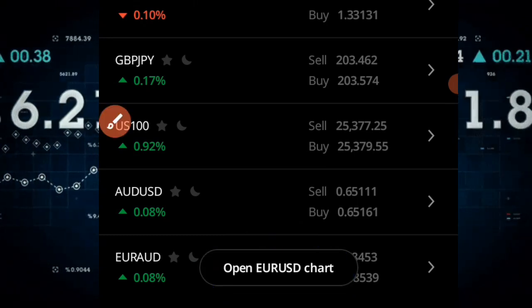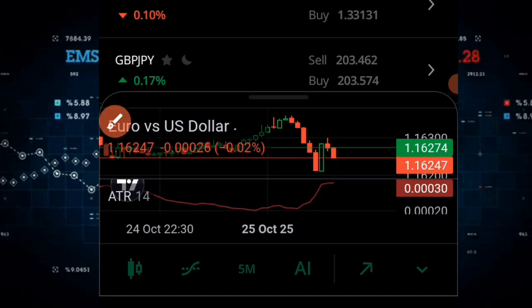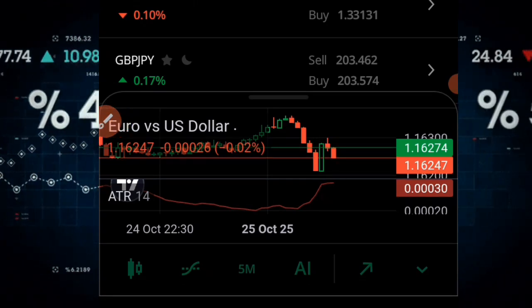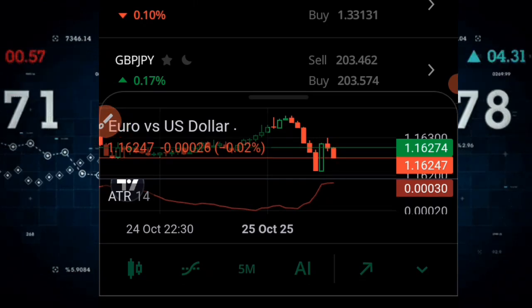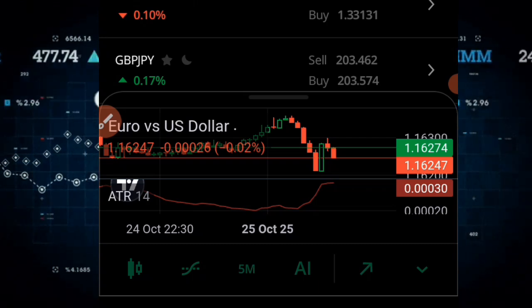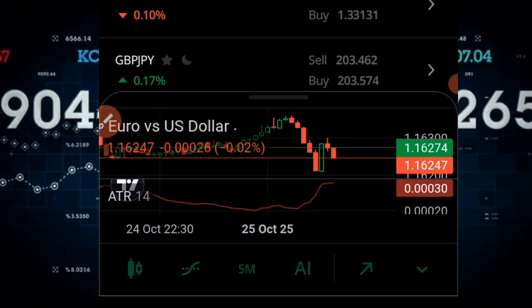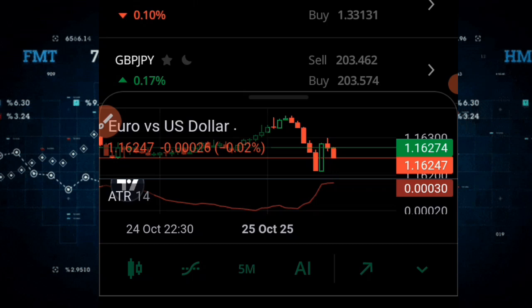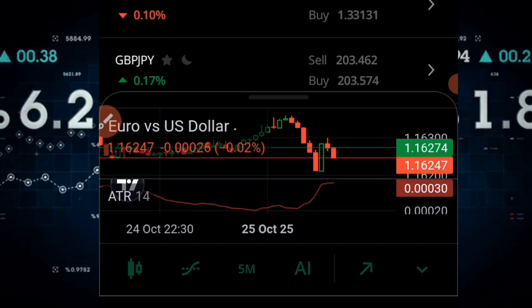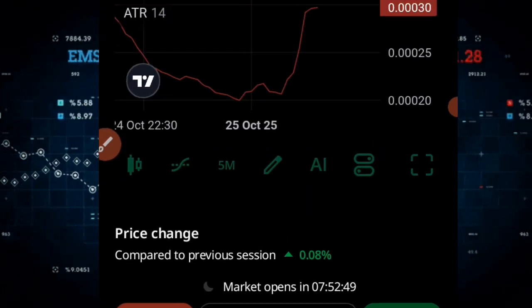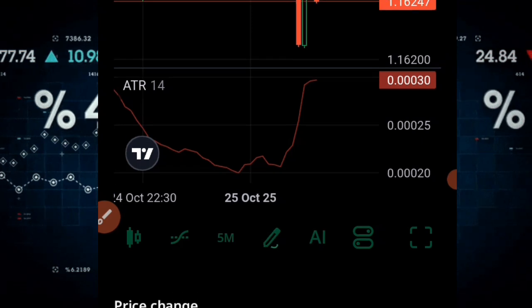Now when we click here, it is going to bring us to a chart, and remember, this is a live chart, so you can analyze your chart before you place a trade. Now let's open up this chart to see what it's all about.